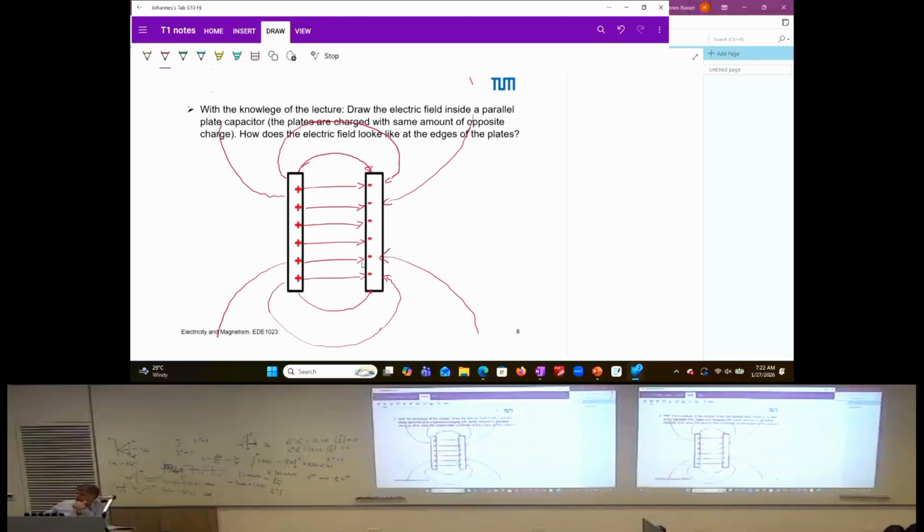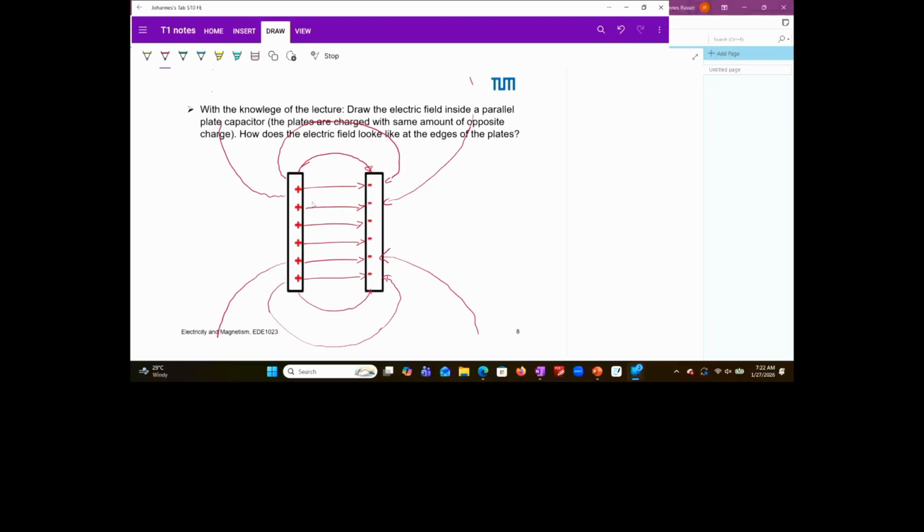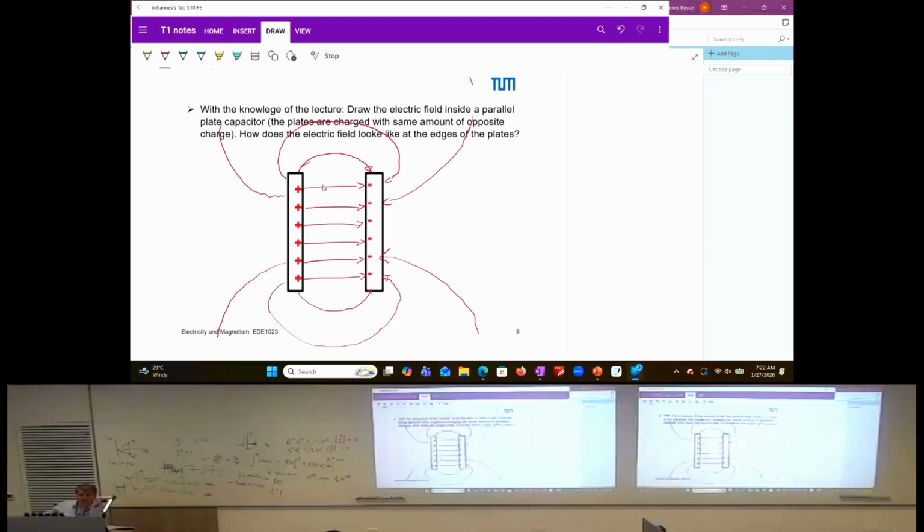I will point this out also later on, but I want to address it already here. When you have these field lines and you assume these parallel plates are perfect conductors, then a field line coming out of a perfect conductor or ending in a perfect conductor is always perpendicular to that conductor.